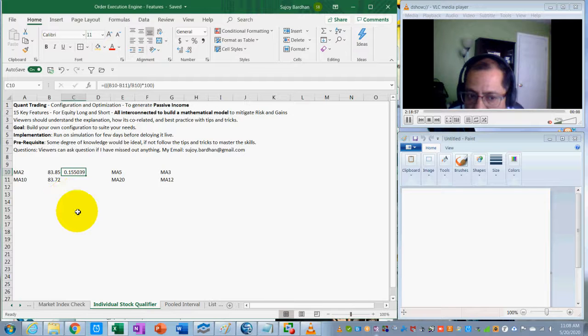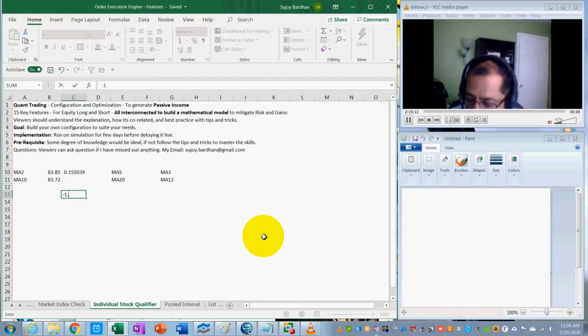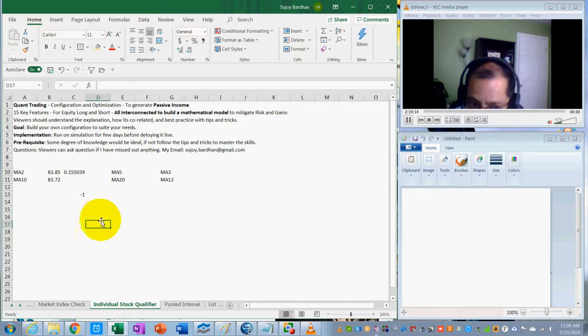So in the short direction, that means you're telling that the moving average you're looking at 20, the fast one at 2, the slow one at 10, and you're telling them that, okay, even only if it goes below minus 1.0, as I have shown you in the example, you consider that as a short.